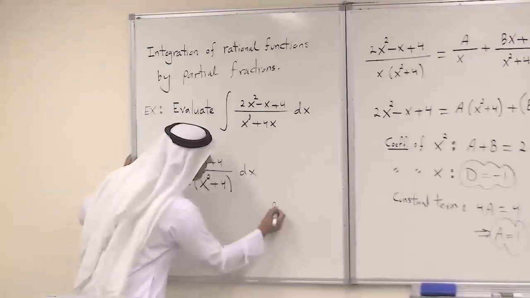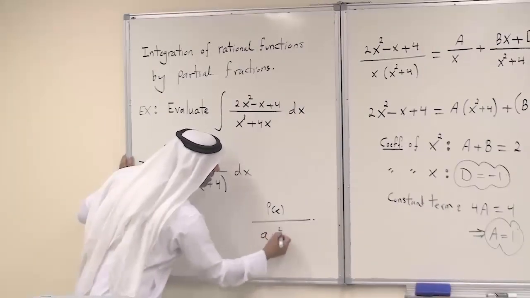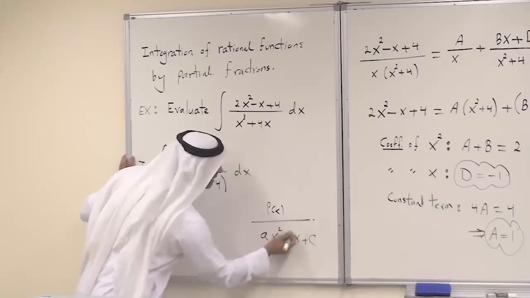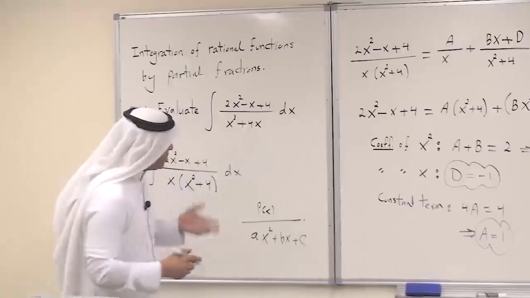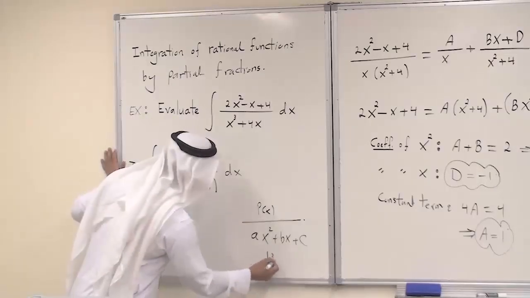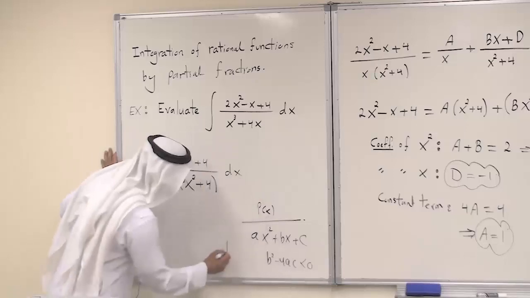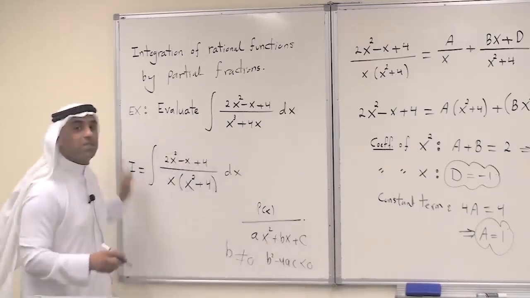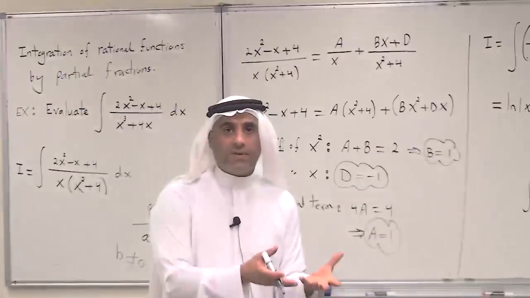We have something like p of x divided by a x squared plus bx plus c. Now, if b is equal to 0, we know how to integrate by using the formula. Assume here we have b squared minus 4ac is less than 0 and b is not equal to 0. So this term is also appearing. The question is how to integrate this, because we need it in the partial fraction.